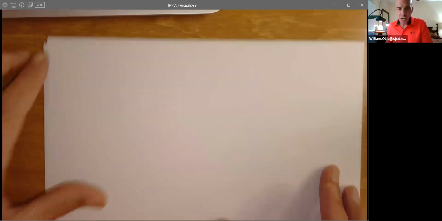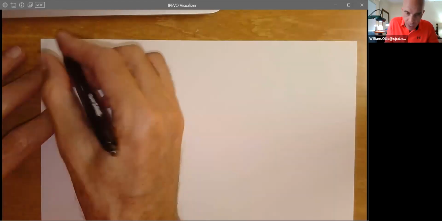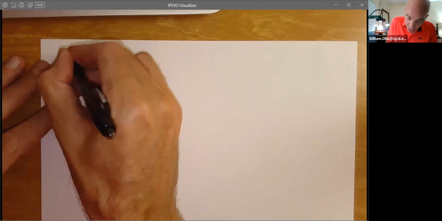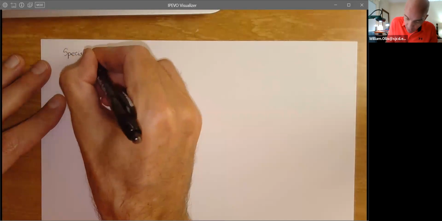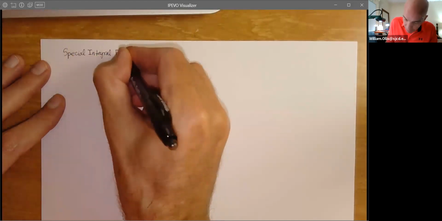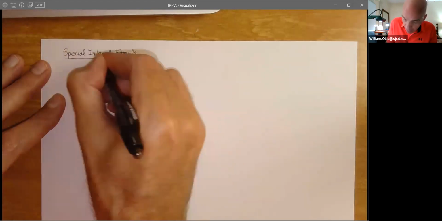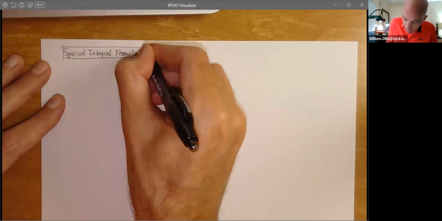You can use trig substitution to generate 3 very nice special integral formulas. And here's one of them. We call these the special integral formulas. I'll give you one of them, and you can use the trig substitution technique to derive them.